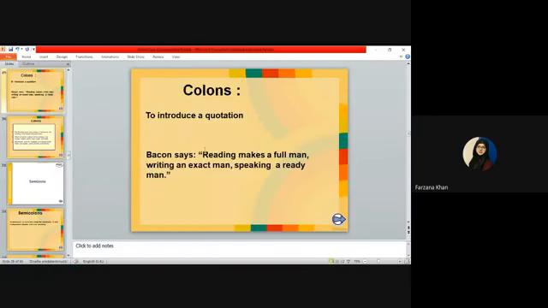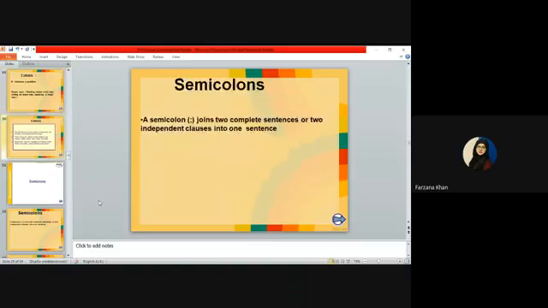Bacon says, reading makes a full man, writing an exact man, speaking a ready man. Well, here the direct speech of Bacon has been added. It means the quote of Bacon has been added here. That's why you need to place the quotation marks here, two inverted commas at the start of the sentence and at the end of the sentence. It is the first use of the quotation marks.